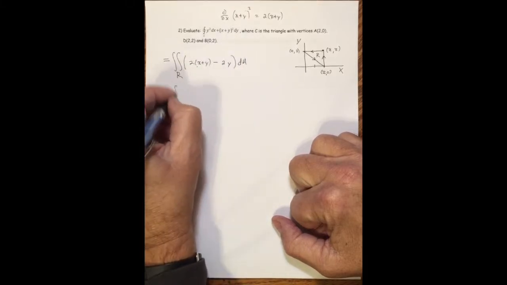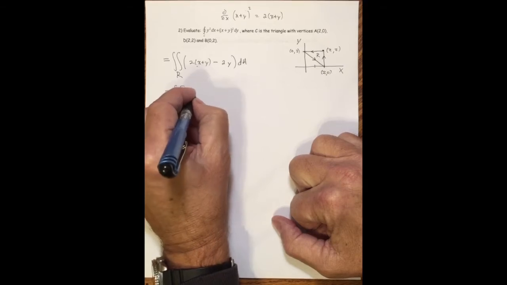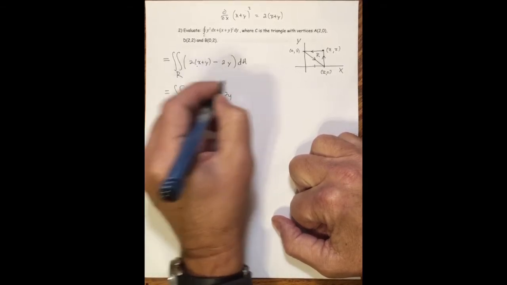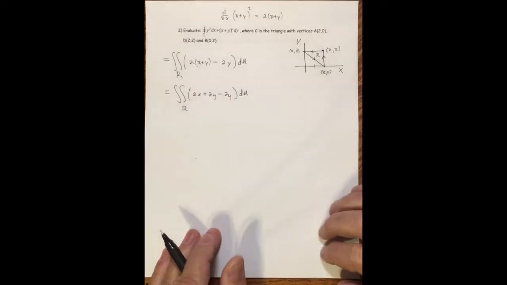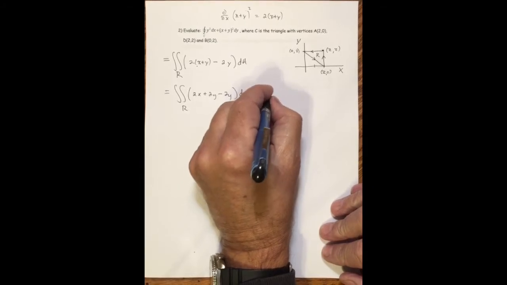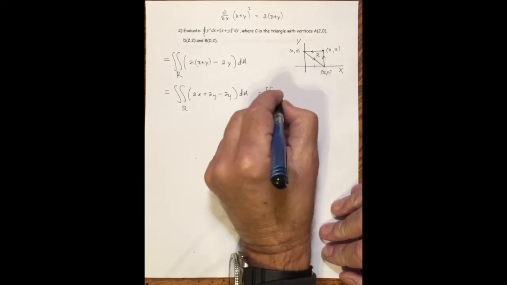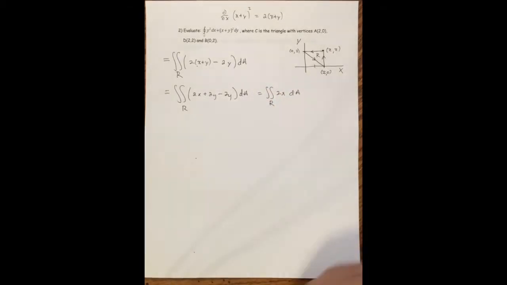Well, let's look at what happens. You see what's going to happen. This is going to be 2x plus 2y minus 2y dA. Okay, so we end up then with the double integral over the region of 2x dA.